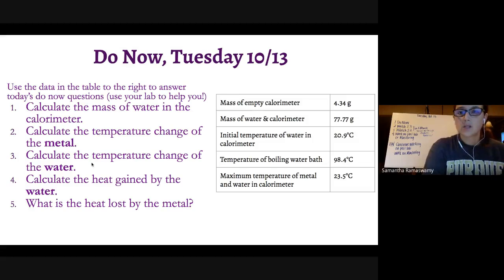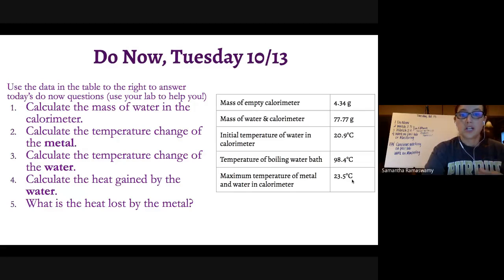I think this is where some people got tripped up yesterday with the calculations. I was answering some of the questions yesterday. So for number 3, calculate the temperature change of the water. This is the water in the calorimeter. The water in the calorimeter started at 20.9 degrees Celsius and it ended at 23.5 degrees Celsius.